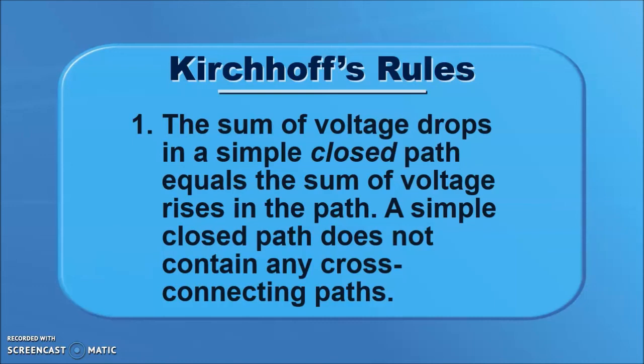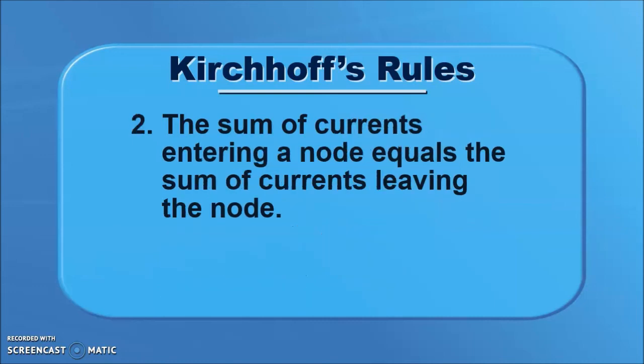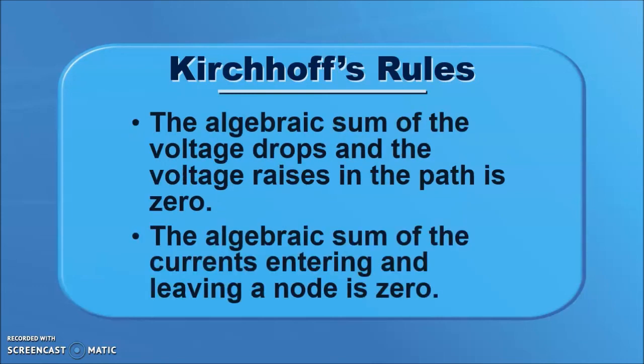All right, rule number two, the sum of currents entering a node equals the sum of currents leaving the node. Remember, the node was like the junction point when it splits up into parallel. So the current entering is equal to the current leaving. So those are the two main rules.